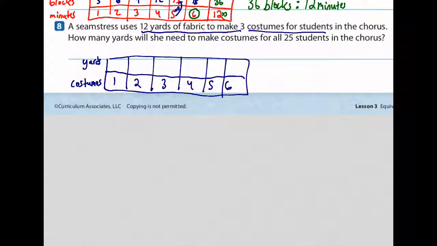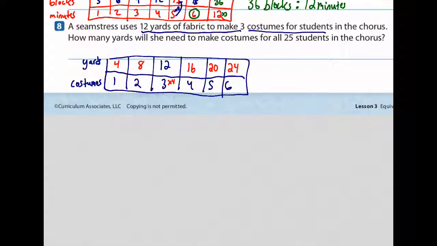And I know it's 12 yards for 3 costumes. Now I also know that 3 times 4 gets me that 12, right? So if I multiply the number of costumes by 4, I'll get the yards. 1 times 4 is 4, 2 times 4 is 8, 4 times 4 is 16, 5 times 4 is 20, and 6 times 4 is 24.